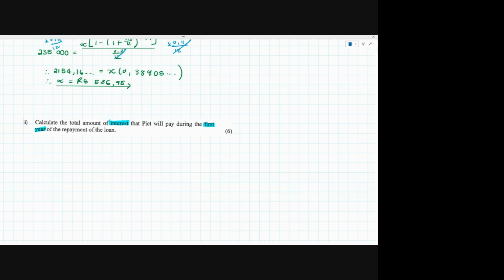All right, so we need to work out a few things, because in order for us to figure out the amount of interest that has been paid in the first year, we first need to figure out, well, how much did he actually pay in the first year? So if we take into account the monthly repayment that we've just worked out, and we times that by 12, how much has he actually paid in the first year?